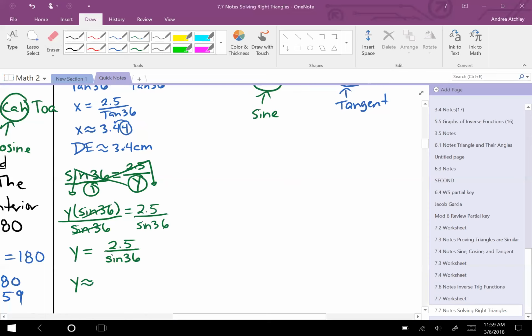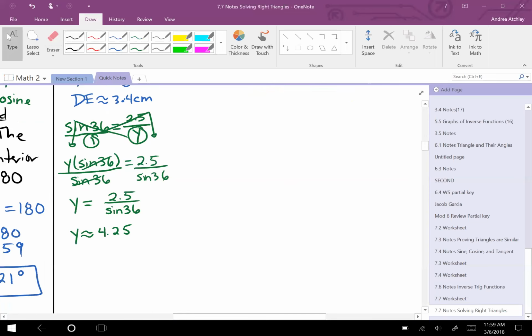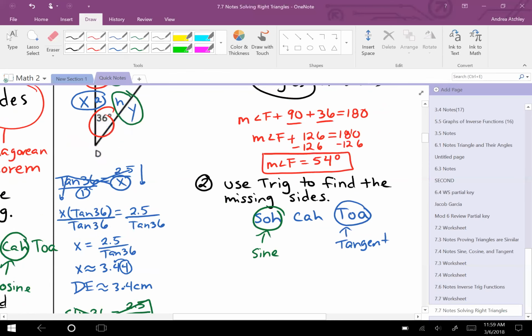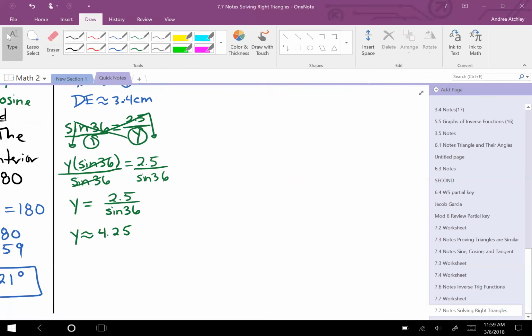Okay. 4.25. Okay, and so that side was DF. Is about, okay, does the 5 make the 2 go up or stay the same? So it's 4.3 centimeters.